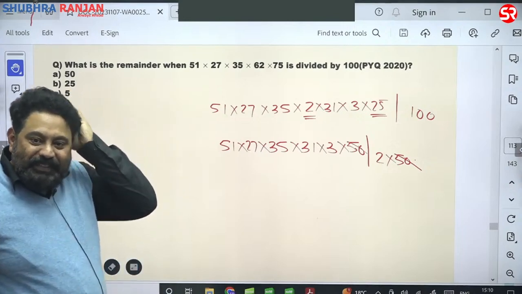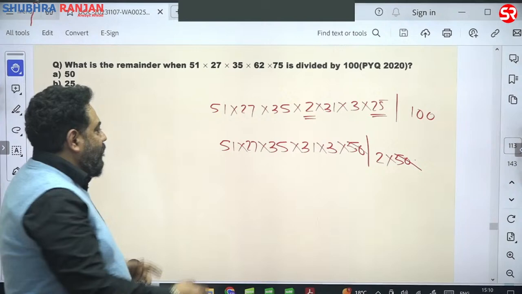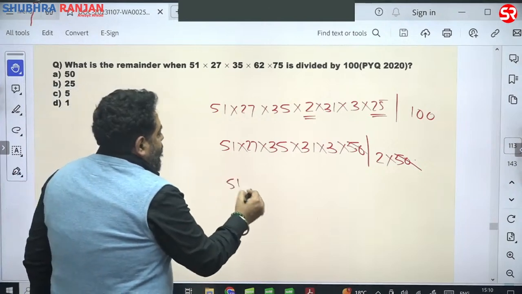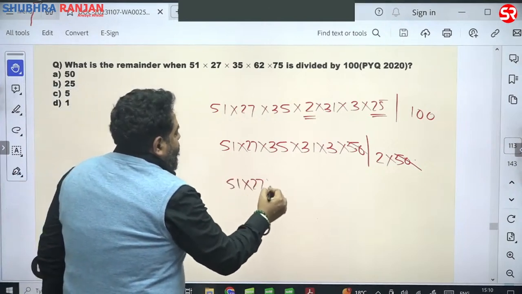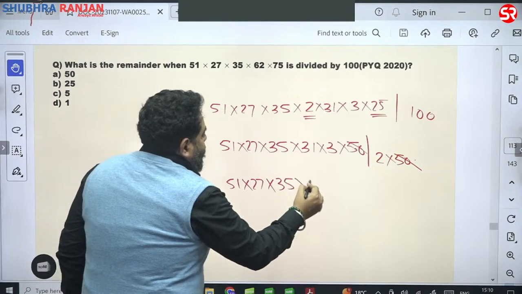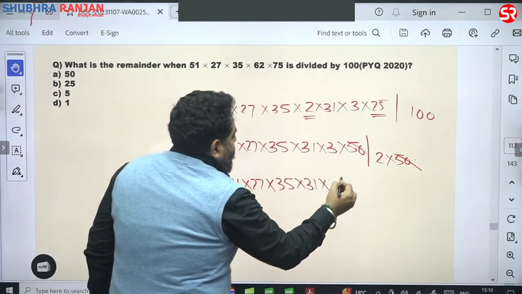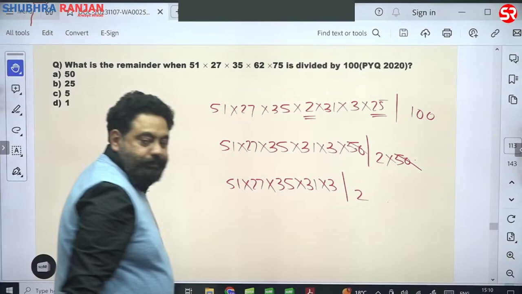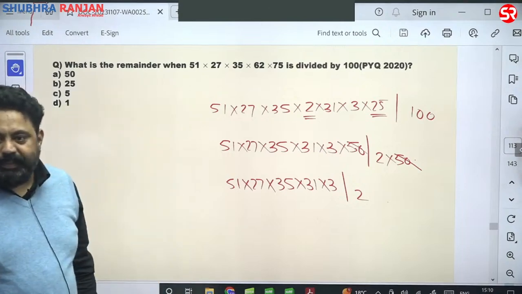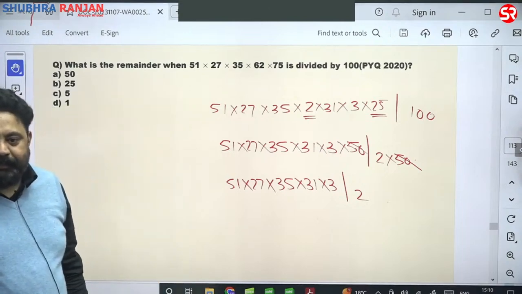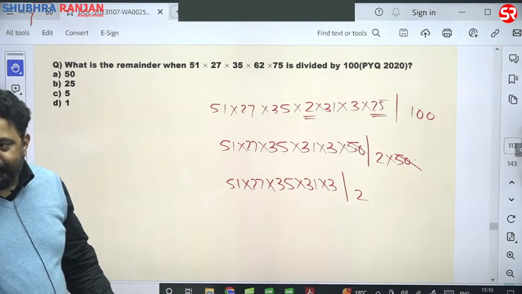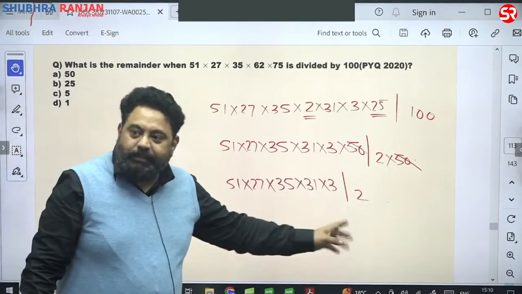See this? 50 cancels up and down. Now 51 into 27 into 35 into 31 into 3 is divided by 2. Agreed? The whole product is divided by 2.